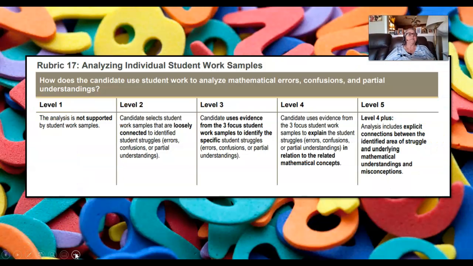This is Rubric 17, and it's pretty straightforward. Again, scores always start with level 3, and this is where they begin. They look to see if you used evidence from the 3 focus student work samples to identify the specific student struggles.